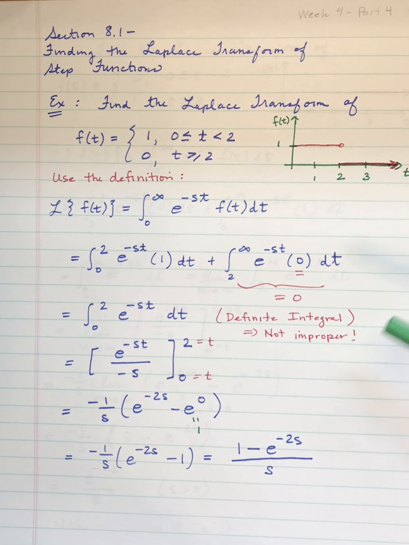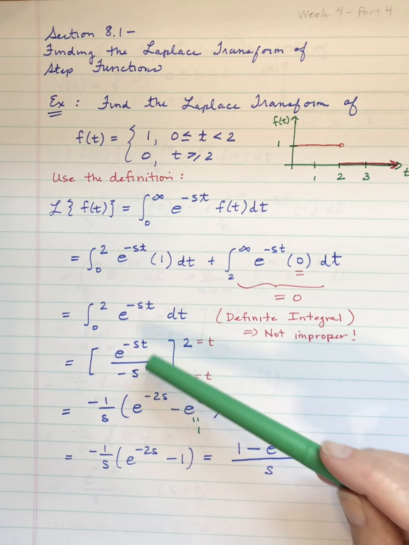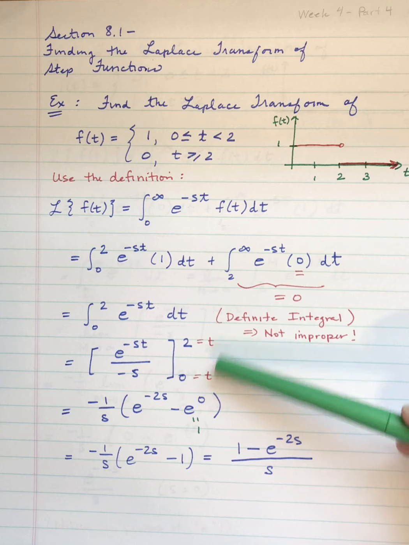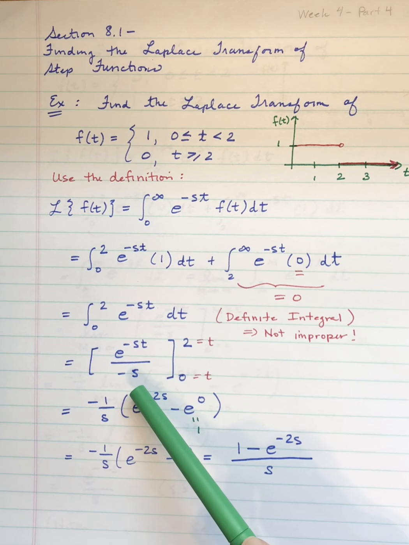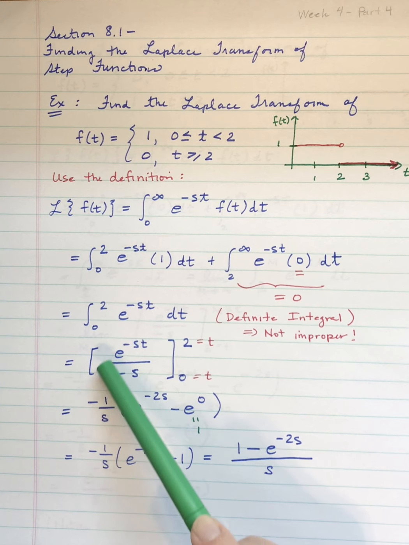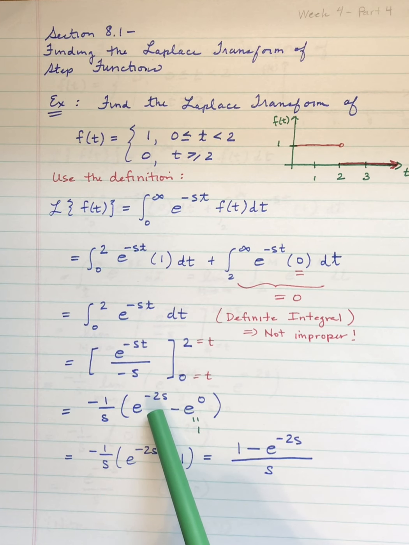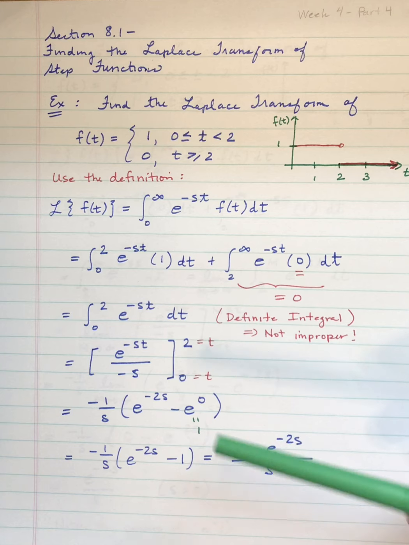The antiderivative of e to the minus st is e to the minus st over negative s. Our limits are for t, because we're integrating with respect to t. My favorite thing to do is to pull the 1 over negative s out in front and not worry about it till the end. Plug in 2 for t and 0 for t.